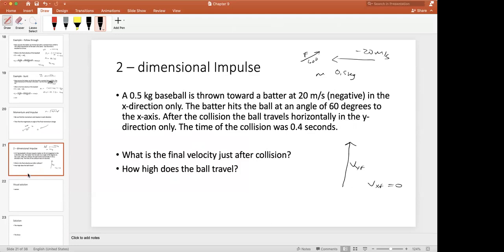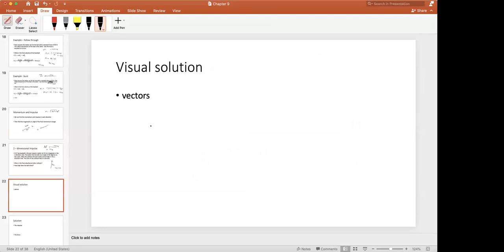So visualizing this, we can visualize this as vectors, which is actually pretty nice. The initial momentum of the ball is m v initial, but v initial was negative 20 meters per second. That means this is 0.5 times negative 20, and we get negative 10 kilogram meters per second in the negative x direction, x hat.